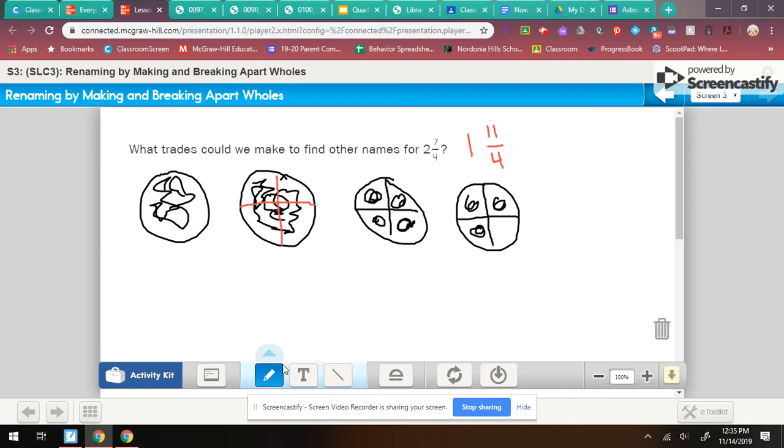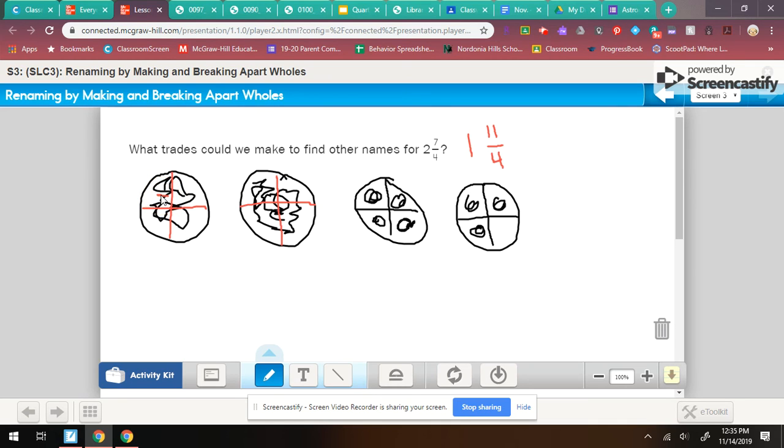Well, I can also trade my last whole, which is probably the way that you guys would use the quick way, by doing 2 times 4 plus 7 to get your new numerator. But looking at pictures, let's see why it makes sense.